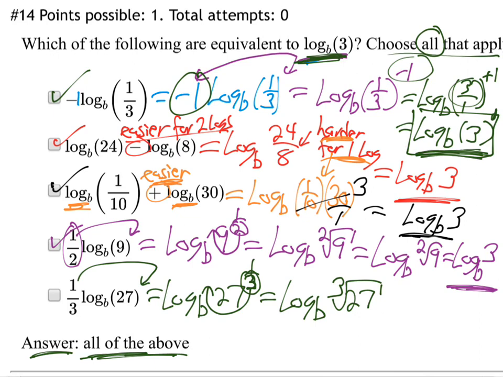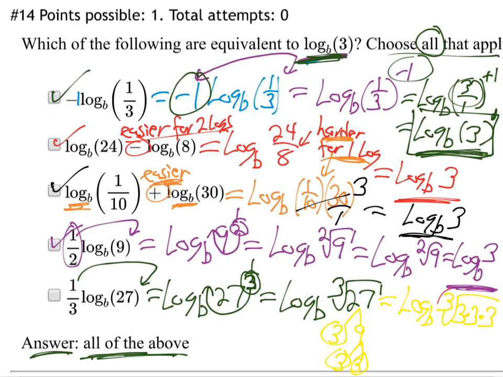Well, if you break it down, it's 3 times 9, and 9 is 3 times 3. So that's going to be log base b of the 3rd root of 3 times 3 times 3, right? 3 times 3 is 9 times 3 is 27. It's a breakdown of 27.